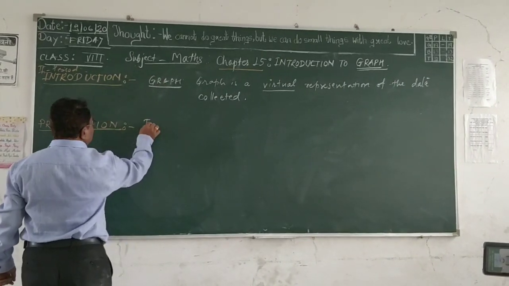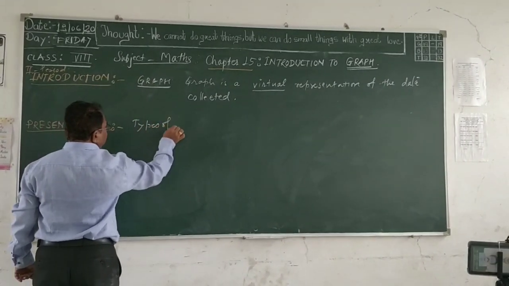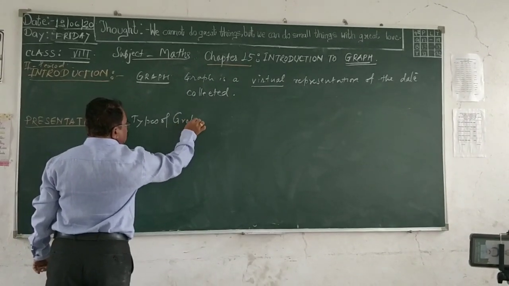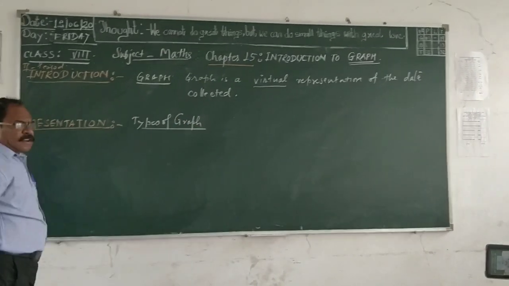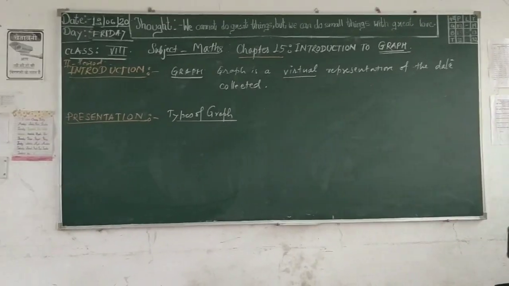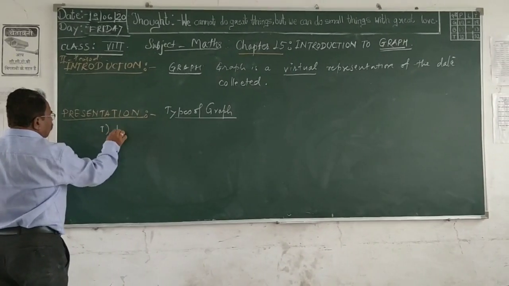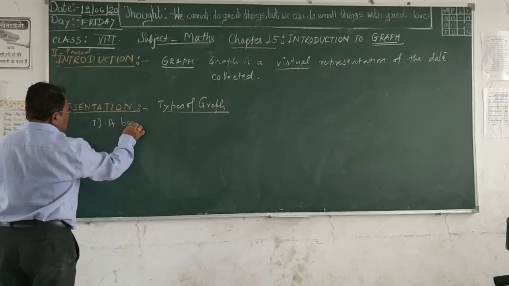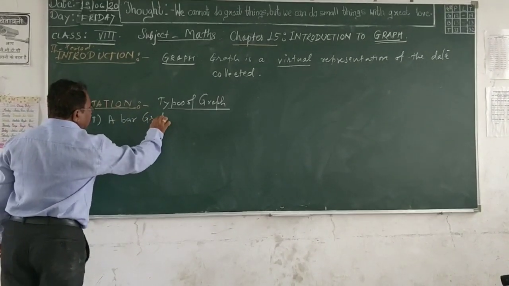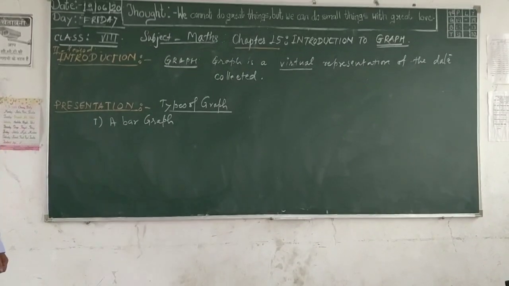Today we have to learn the types of graph. In earlier classes you have also learned. So first is a bar graph. Hello students, have you learned the bar graph?